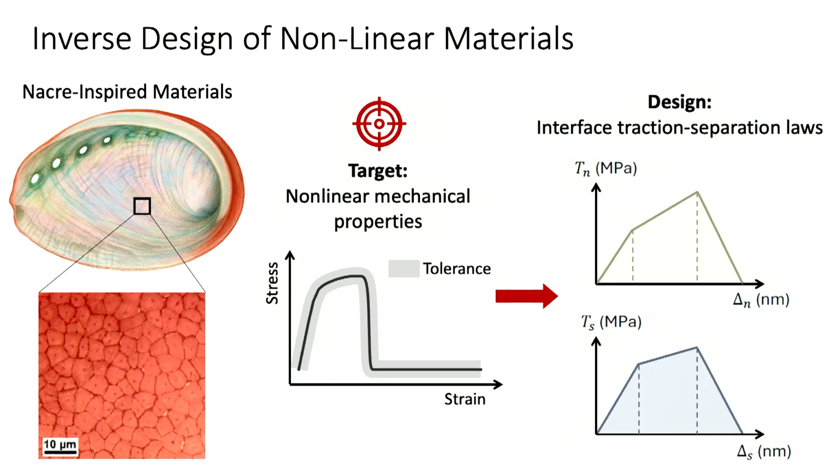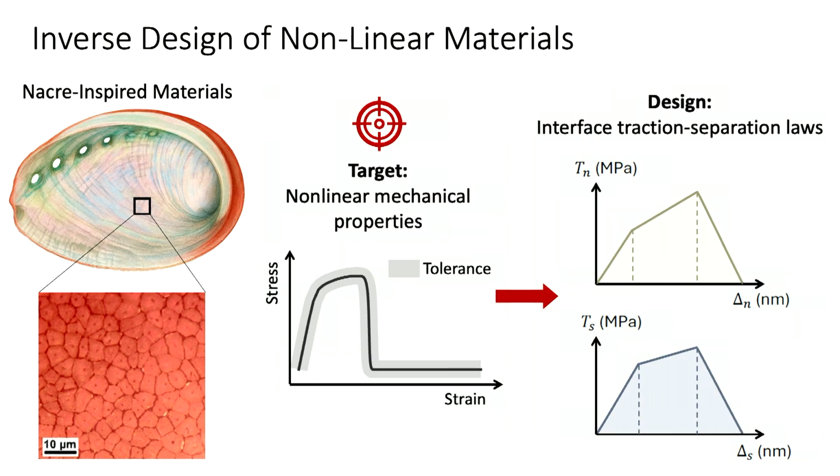This is an inverse design problem where we are interested in designing this so-called nacre-inspired material, which has two phases. You have the rigid material: those tablets are the rigid materials, and the soft materials are at the interface of those tablets.